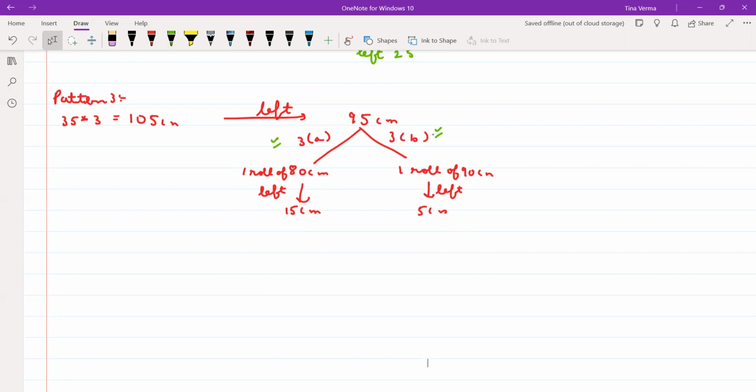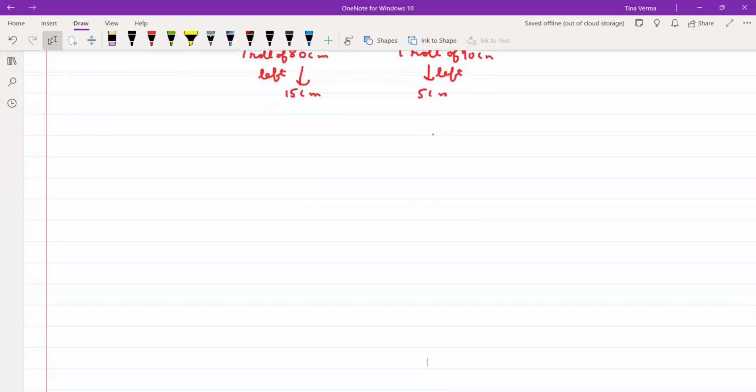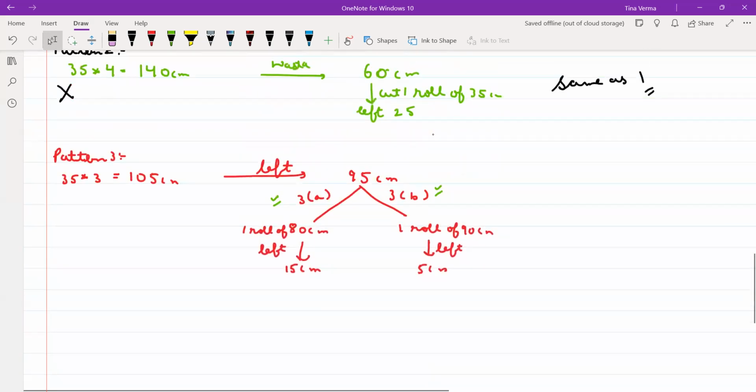So that will be the same case as the first one. We are considering all the patterns that we can cut. In the first case also, we cut 35 centimeter and the wastage was 25 centimeter. We are discussing all the patterns that can be cut from that 200 centimeter roll.